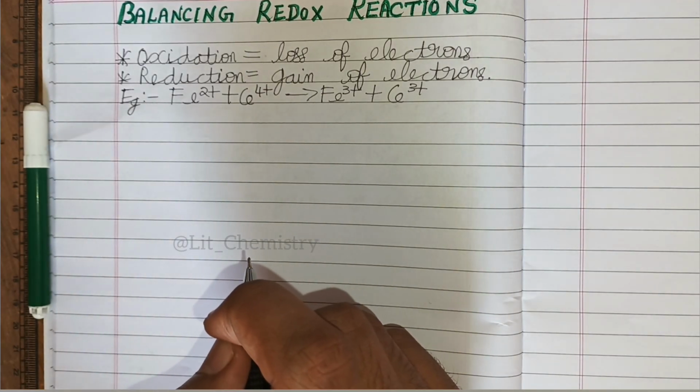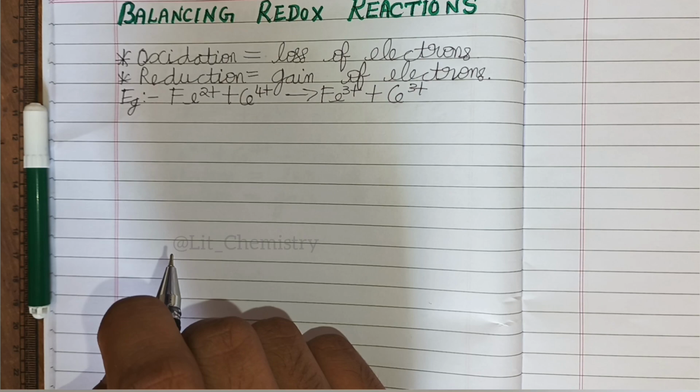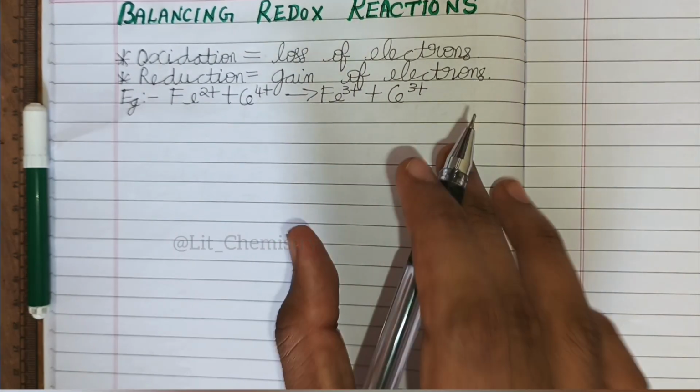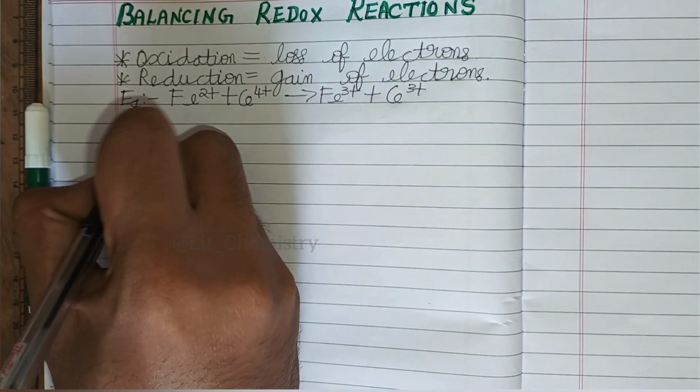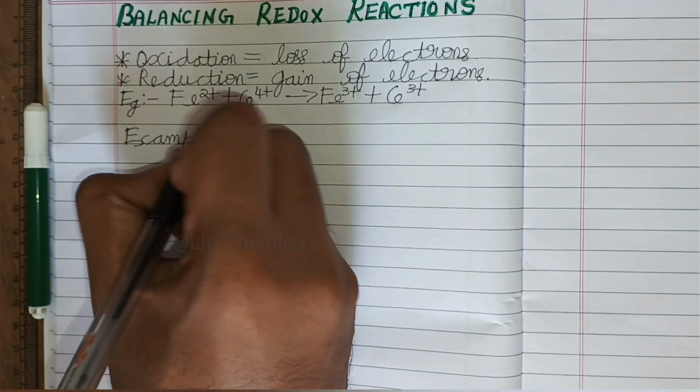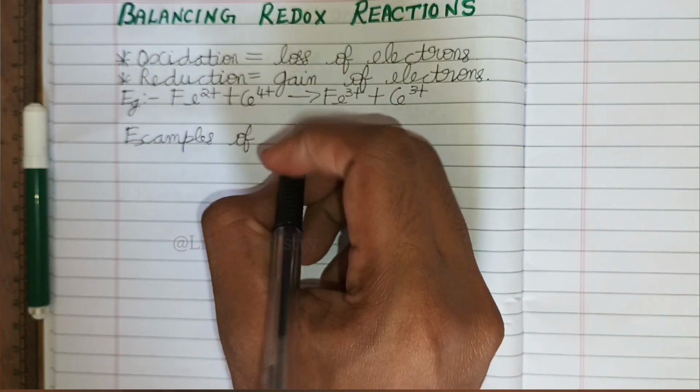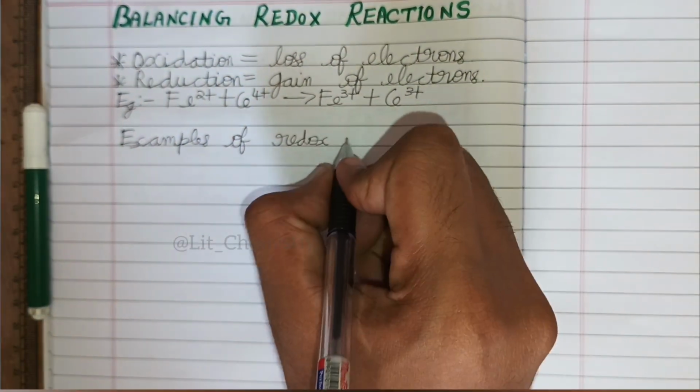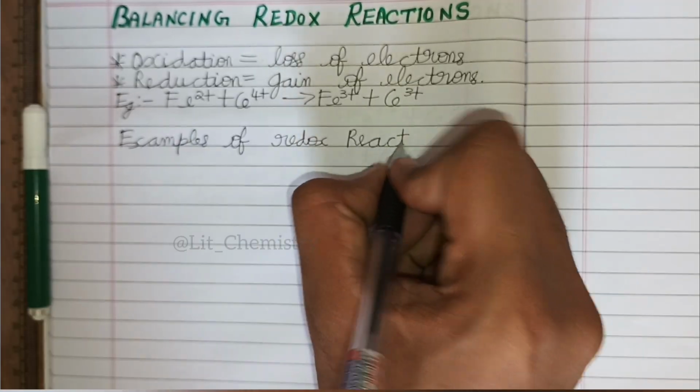So let's start. We have two examples of redox reactions. I'll write them here. Examples of redox reactions.